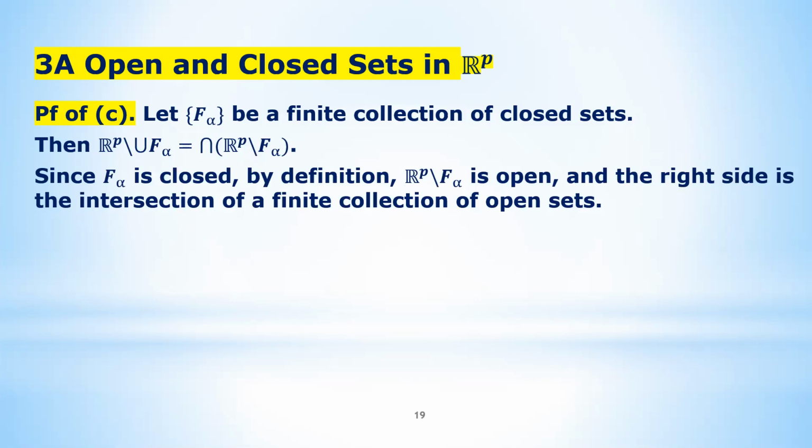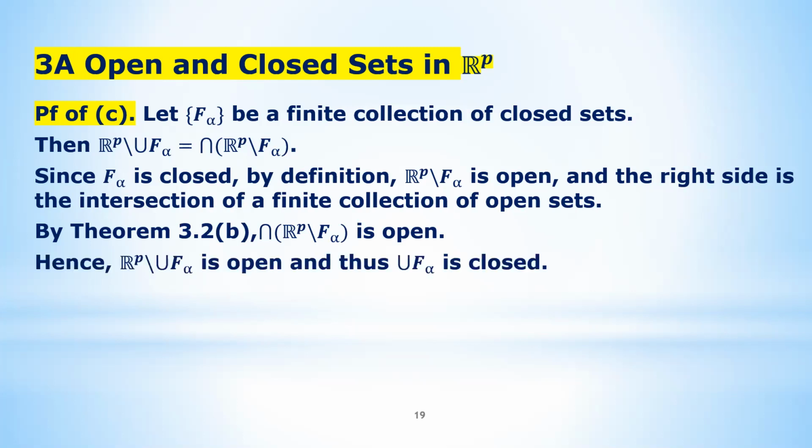Since F alpha is closed, by definition the complement is open. Therefore the right side is an intersection of a finite collection of open sets. By the open set property, because it's an intersection of open sets, it has to be open.